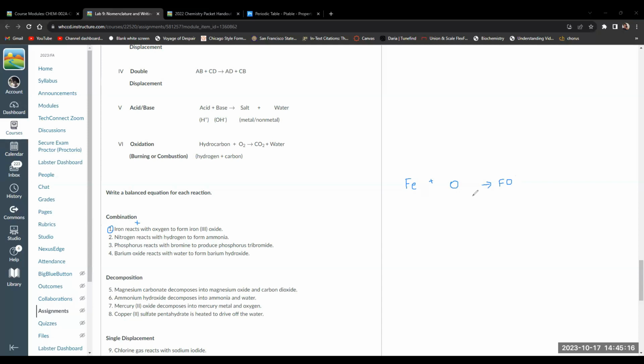We know that the charge of iron is 3. And we know the charge for oxygen is 2. In this little trick, we simply cross multiply to get us this. Do you guys know how I got that?